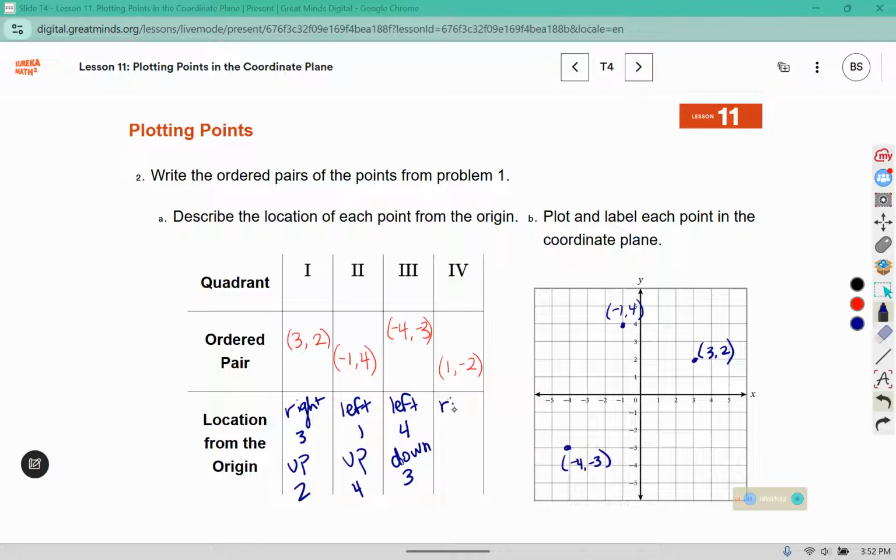This one would be right 1 and down 2. These first ones always tell us left and right, and then the second values tell us up or down.